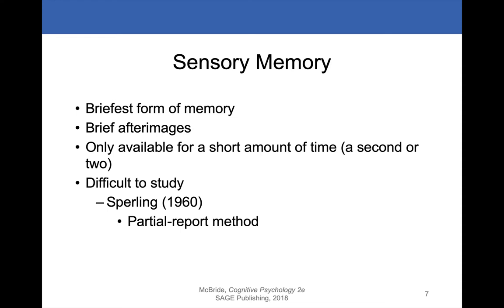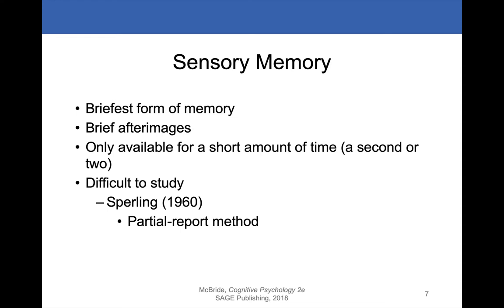Since it's so short, sensory memory is really hard to study because it's just barely on the periphery of awareness and perception. But Sperling became quite famous in the 60s for coming up with a way of studying this sensory or iconic memory.